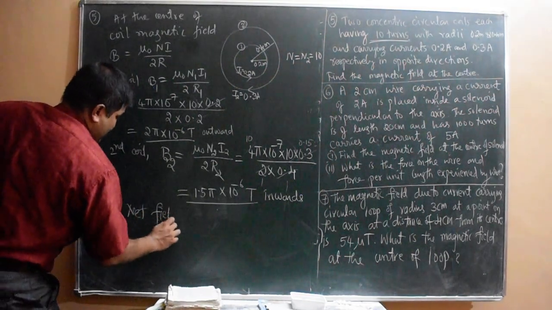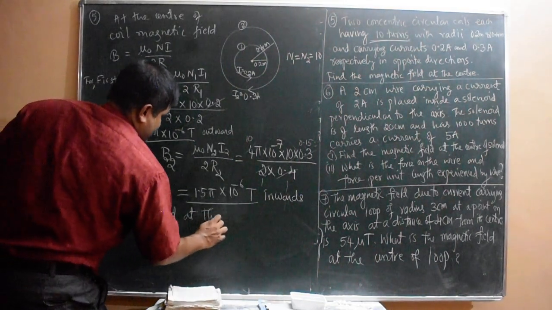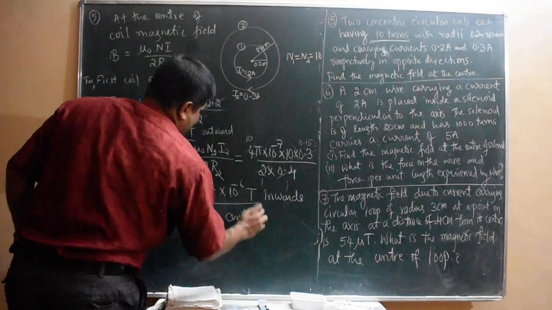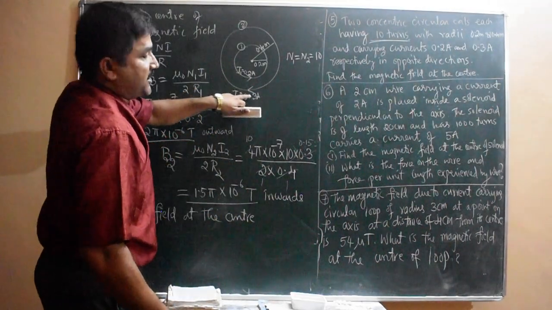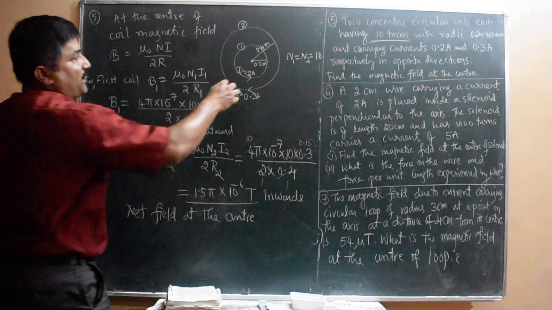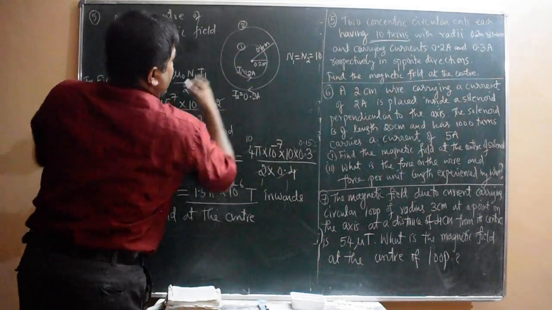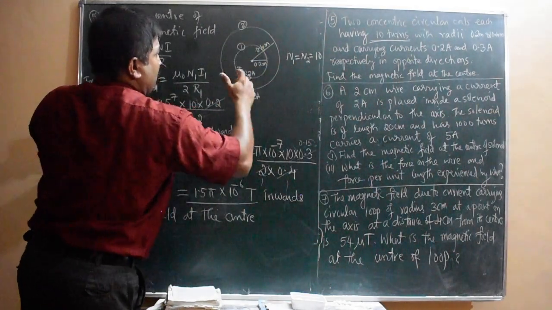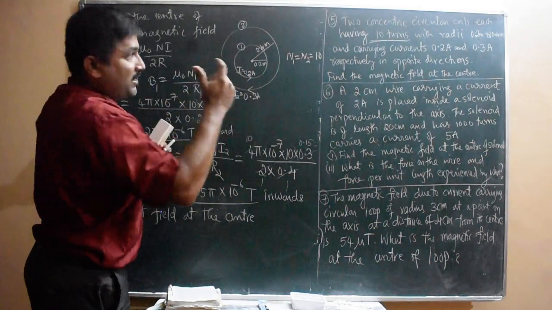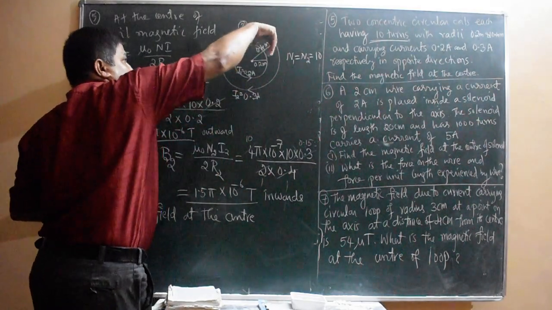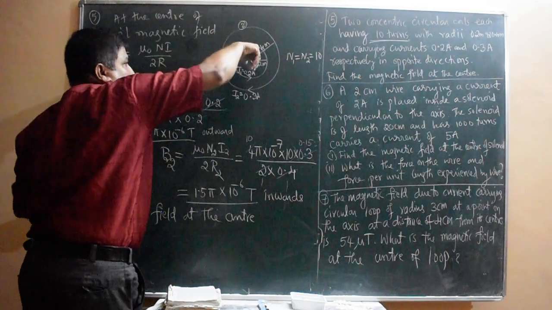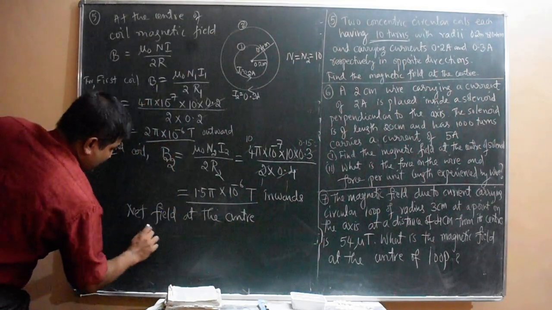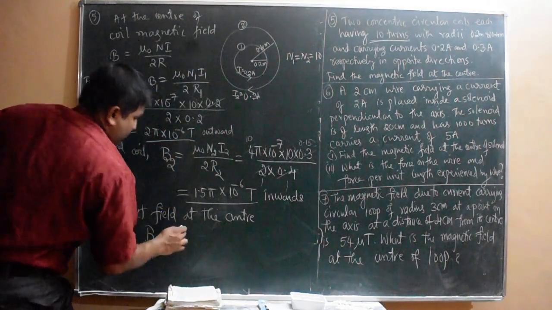At the center, the two fields are in opposite directions, since the currents are in opposite directions. So for the inner coil, apply the right hand rule like this: current outward, field is normal outward. For this, if you hold it in the right hand, the thumb indicates the direction of the field, inwards.